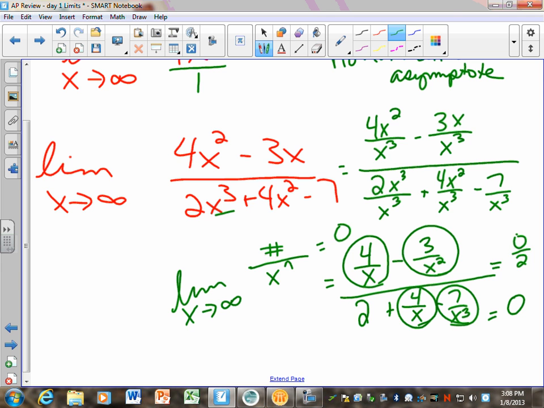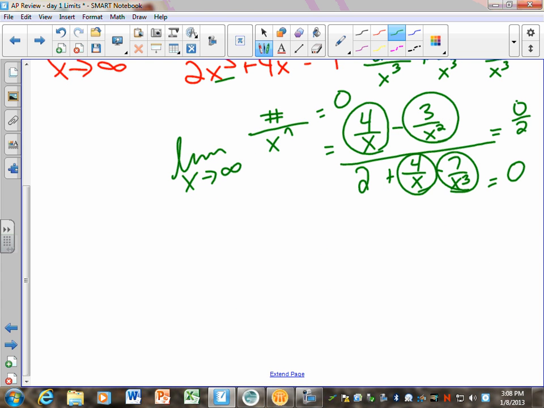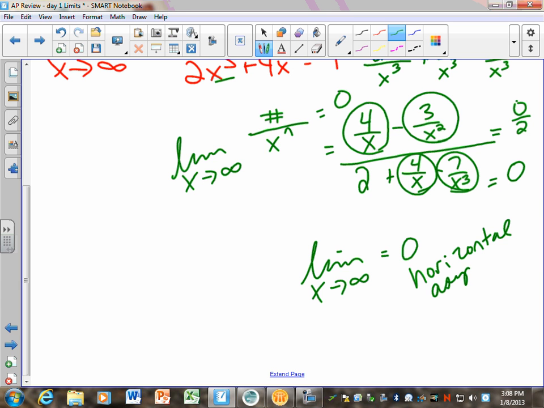That means that the limit as x approaches infinity for that problem is equal to 0, which also means that you have a horizontal asymptote at y equals 0. That's why if the numerator and the denominator are the same degree, you can just take the leading coefficients, because everything else is going to go to 0.